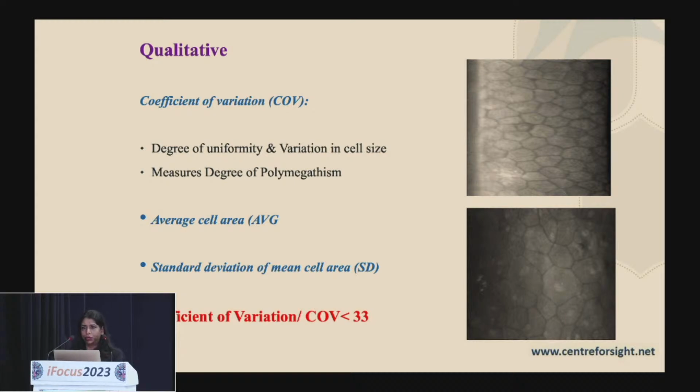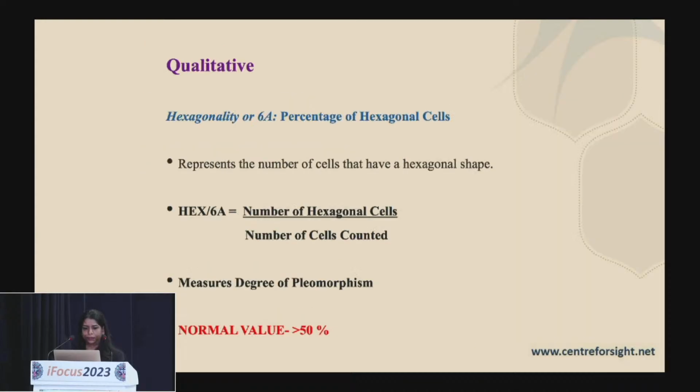I have already told many people that in literature it says 0.25 to 0.33, but it should not be more than 33. If the variation is bigger than this, then the cells might lose their function. So it's a measure of polymegathism. These are the pictures which show the polymegathic cells.